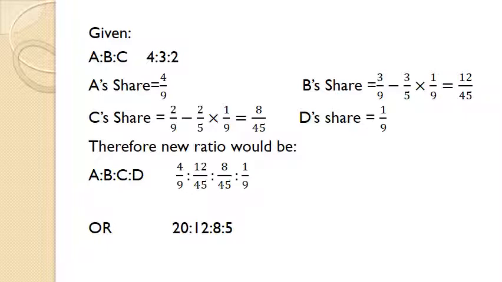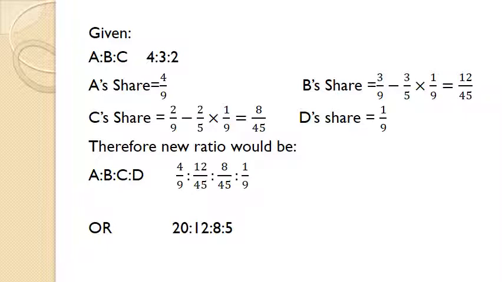So the share of B can be calculated as 3 by 9 was the original share or old share of B, and the share of D is 1 by 9. So the ratio of B and C is 3 is to 2. That means the share of B which B is providing to D would be in the ratio of 3 is to 2 only.